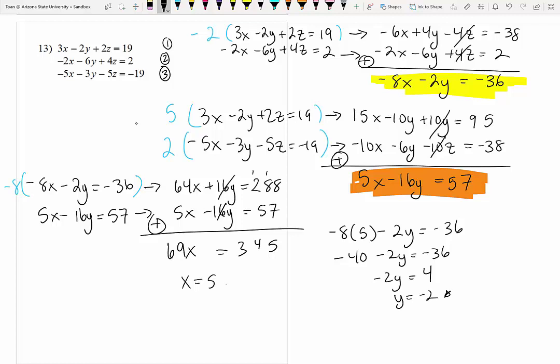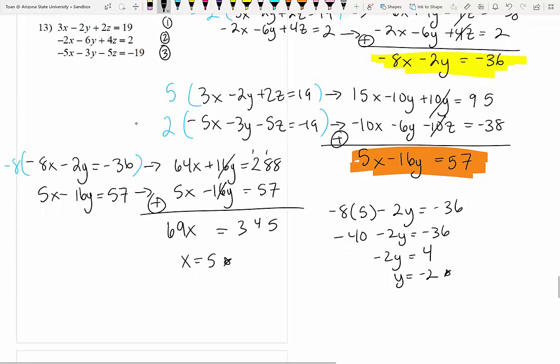And then to solve for z, you substitute into any of the original equations. Let's substitute into the second equation because the numbers look small. So the second equation is negative 2x, which we said was 5, minus 6y, which we said was negative 2, plus 4z, which we don't know, equals 2. And then we'll just do some mental math. Since I'm running out of room, I'll just do the math in my head.